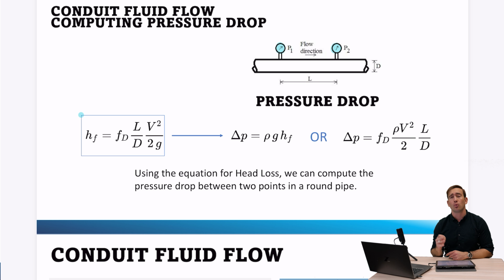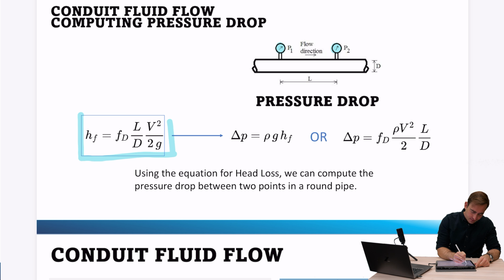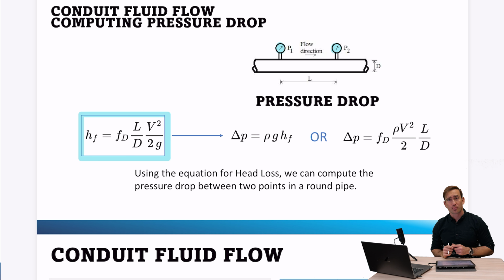And this is exactly why you would need to introduce pumps to add more pressure or energy back into the system. So using your equation for head loss, which you see right here, where head loss is equal to our friction factor times L over D times V squared over 2g, change in pressure is just going to be rho g times head loss.